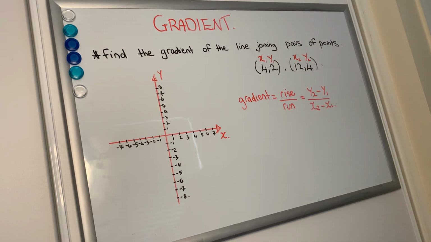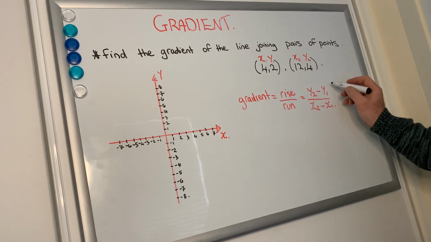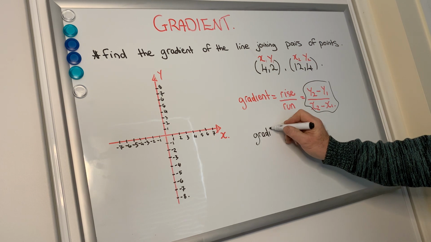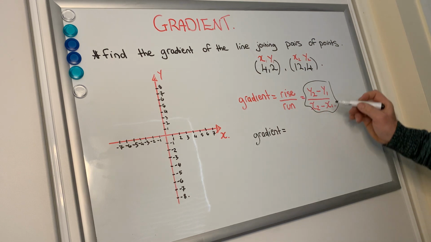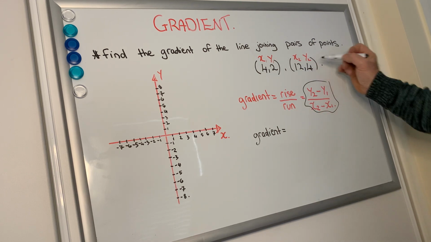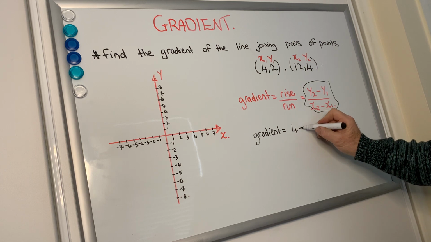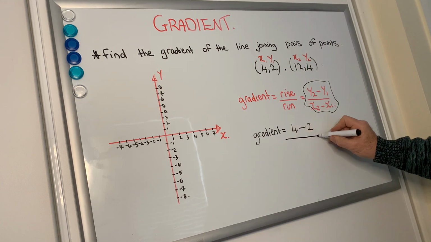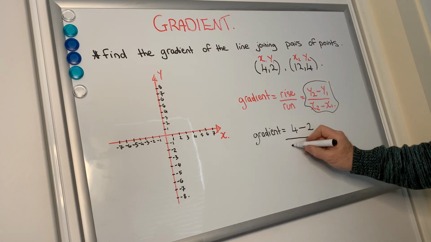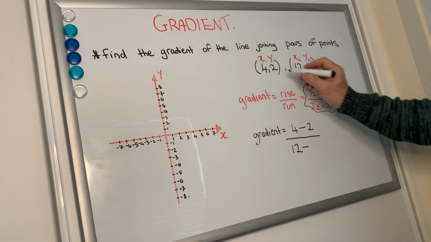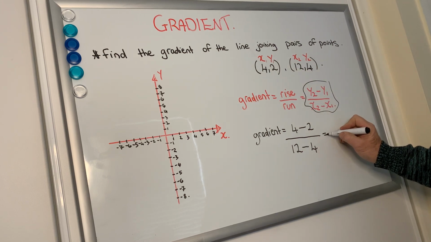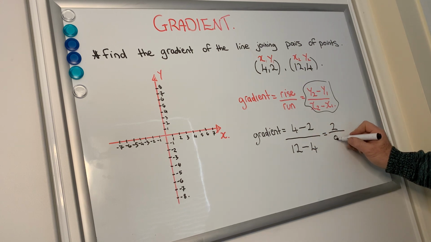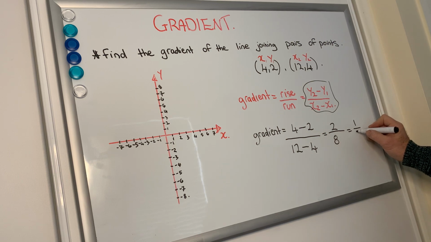Using our gradient formula, gradient is equal to y2, which is 4, minus y1, which is 2, divided by x2, which is 12, minus x1, which is 4. 4 take away 2 is 2, and 12 take away 4 is 8, which is equal to 1 over 4.